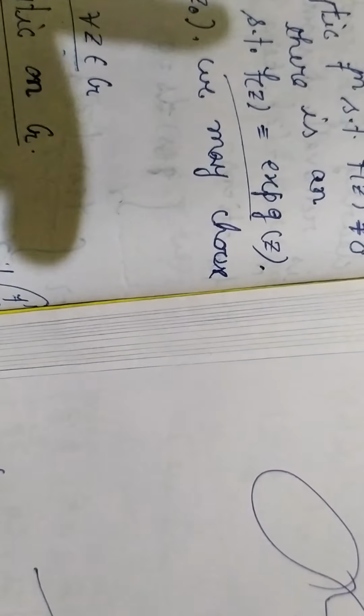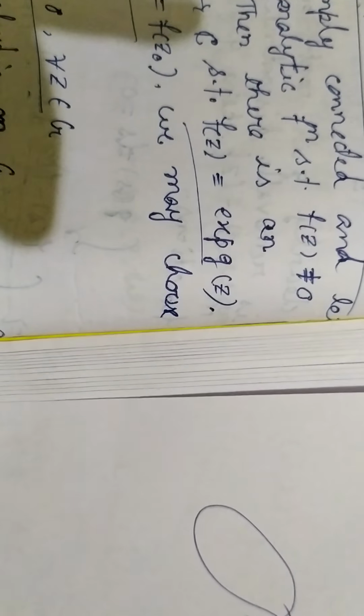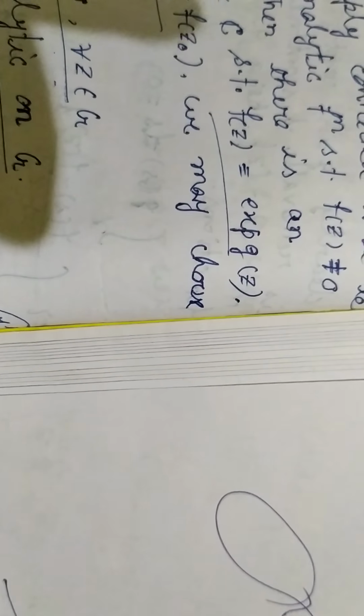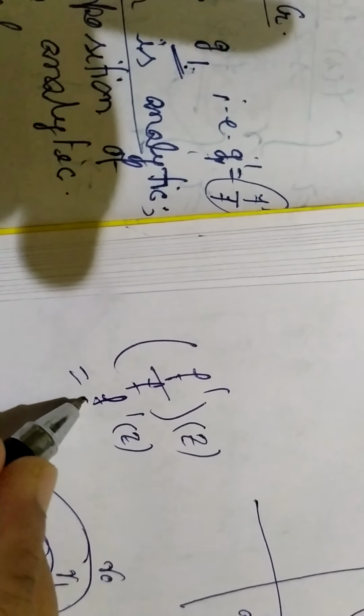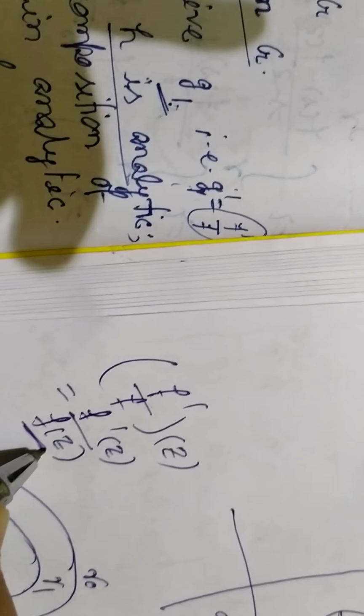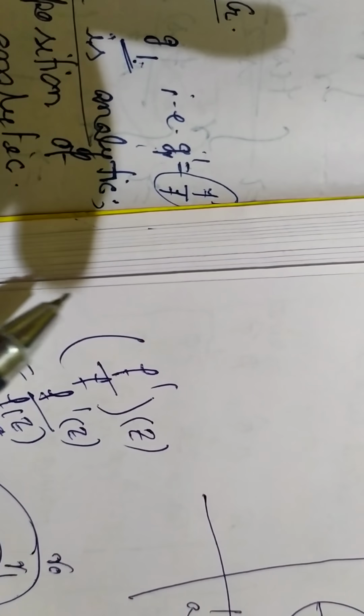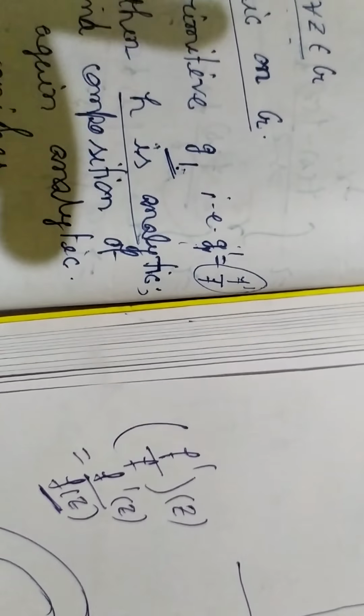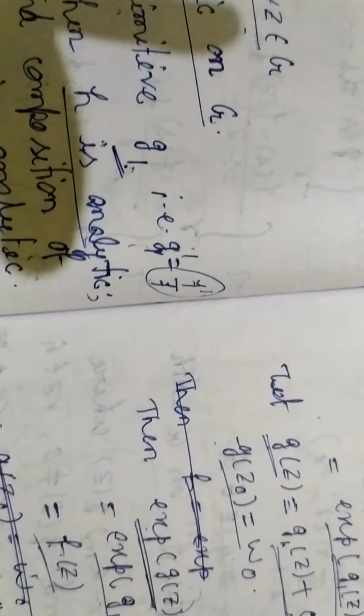So f dash by f is the function which maps z to f dash(z) divided by f(z). This is true for any z.